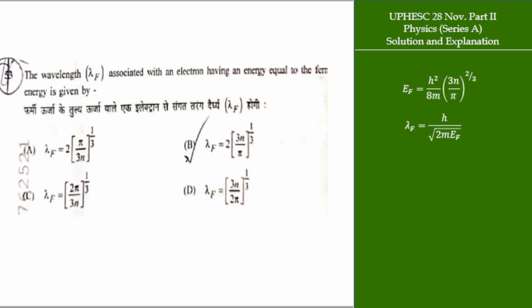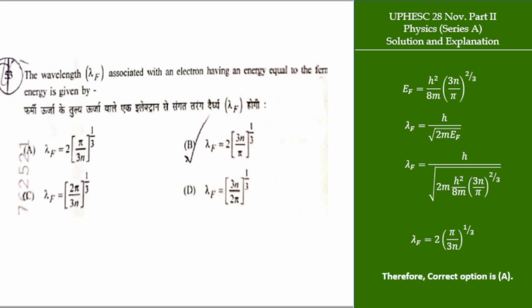So you will put the value of Fermi energy in this formula like this. If you simplify this expression, you will get the wavelength associated with an electron, that is 2 pi divided by 3n power 1 by 3. So the correct option for this is option A.